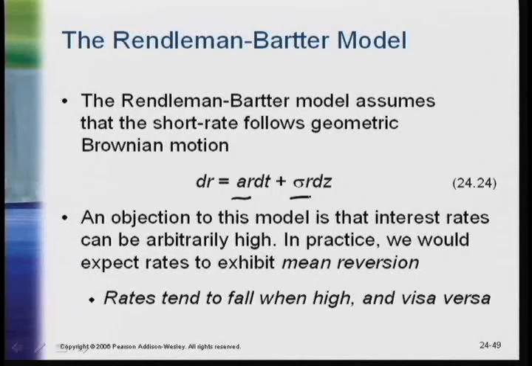There's some objection to this model because interest rates can be arbitrarily high. In practice, again, we would prefer a model that had some mean reversion to prevent them from getting too high.